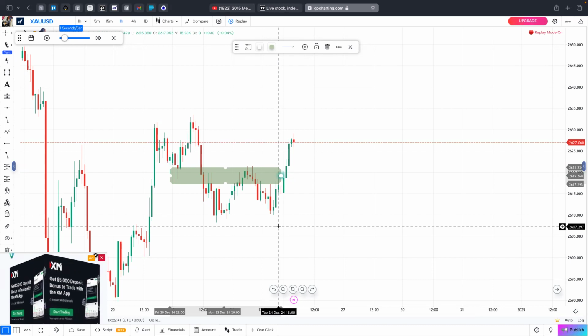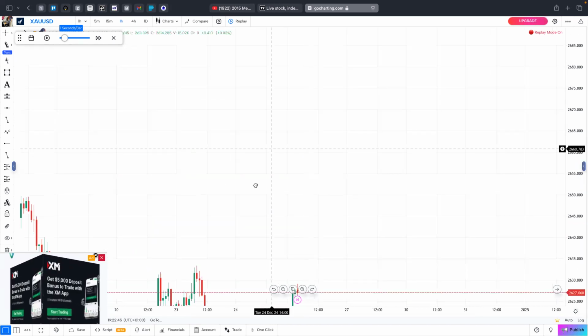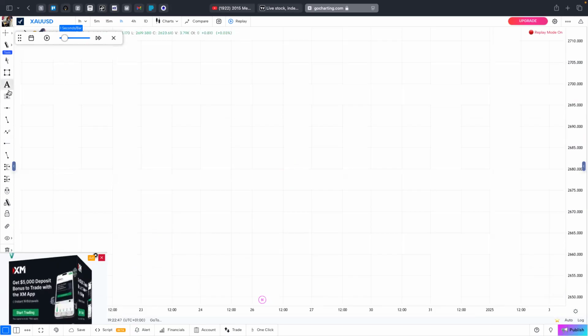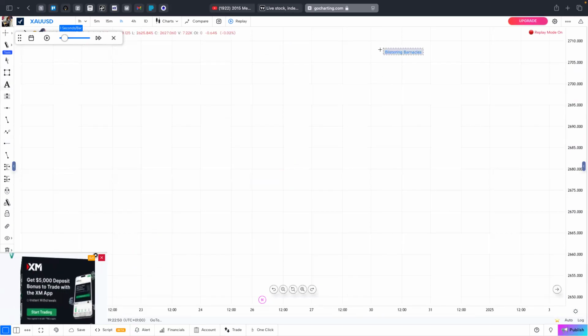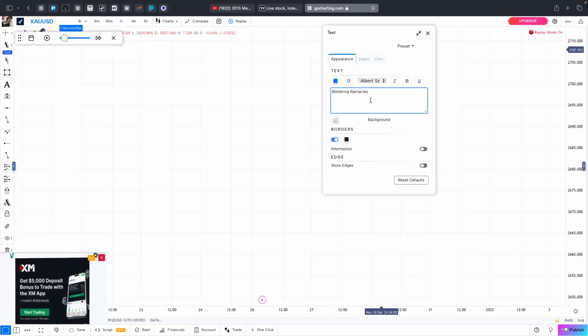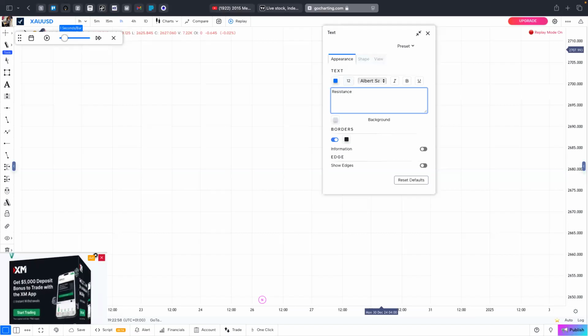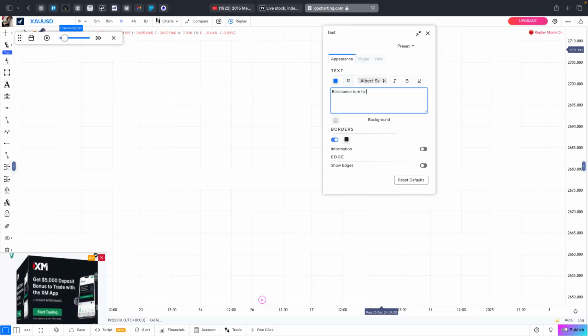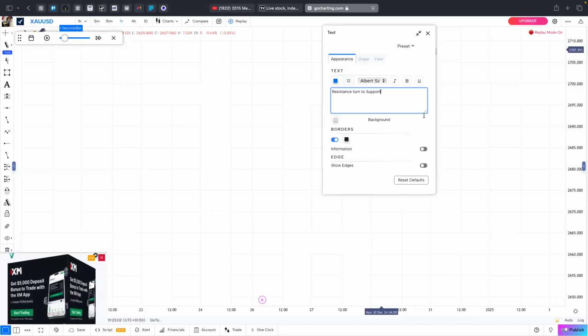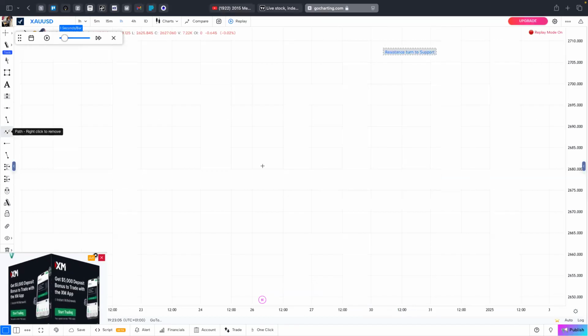Now let's look at a resistance turned to a support. A resistance turned to a support is more or less the opposite. A resistance is more or less a high.